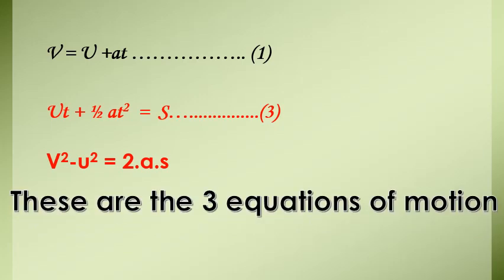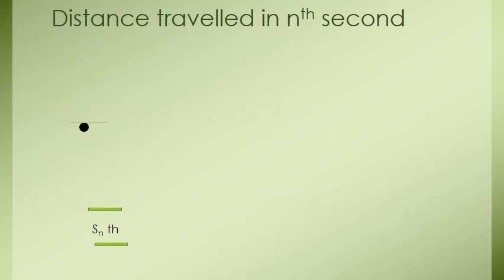So these are the three equations of motion. Understood? Good. Now, another fourth equation of motion, that is distance traveled in nth second. Normally we take only three equations of motion, but this equation of motion you also have to learn: distance traveled in nth second.